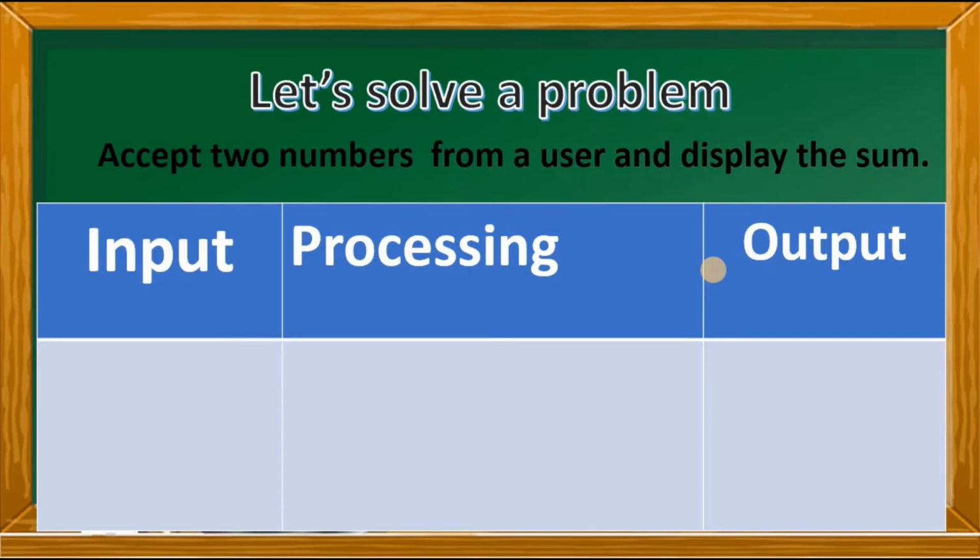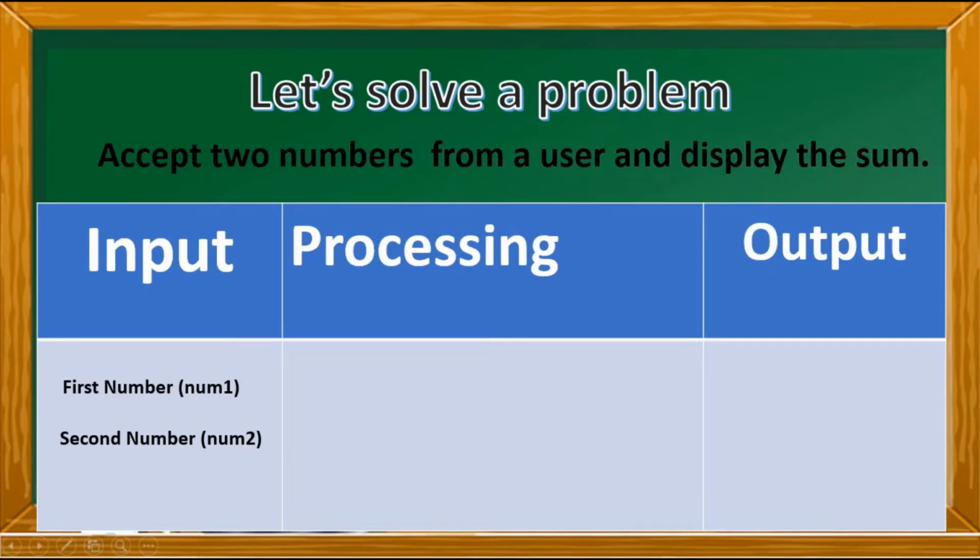So let's go ahead and see. The first number would be an input. Again, input means that we are collecting from the user, and this is now going into the computer system. The second thing is the second number, and in brackets you can see num1 and num2. These are just names that we use.